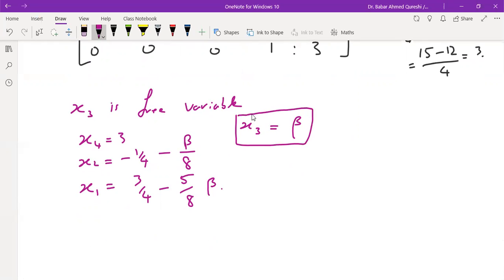I can give it any value. So beta is any number. You could have given, for example, x is equal to m, or i. Usually we reserve n, m, etc. for integers. It doesn't have to be an integer. It's a real number. You could even leave it as x3, just bring the x3 to the other side, and that should be fine as well. Okay, thank you.